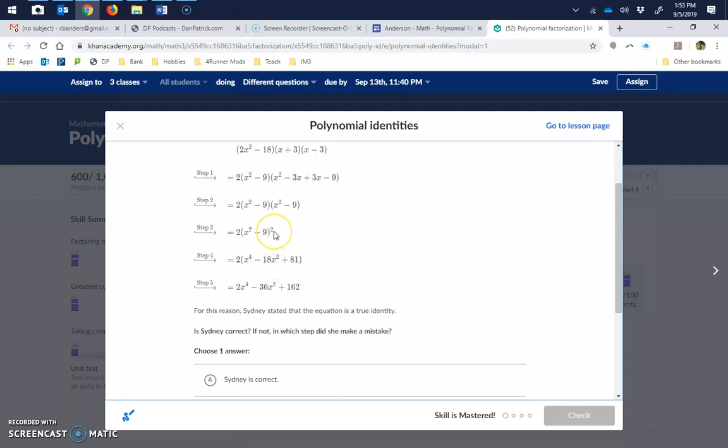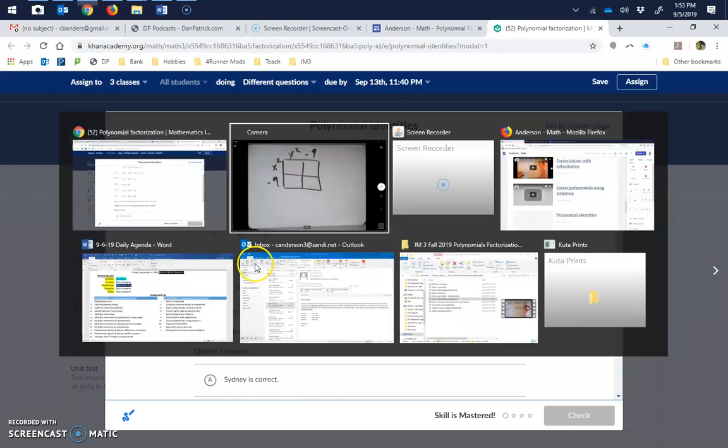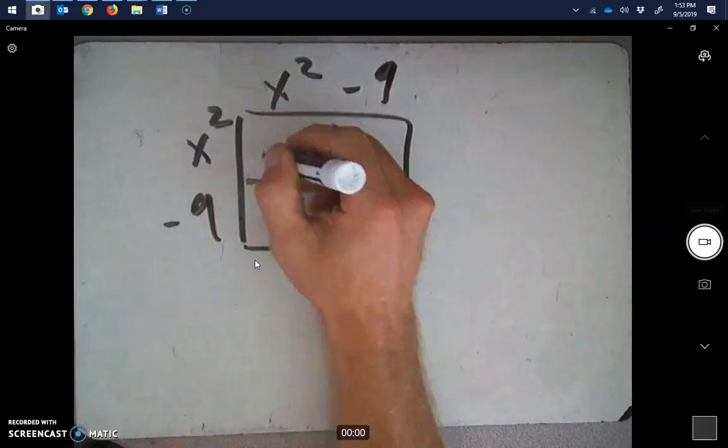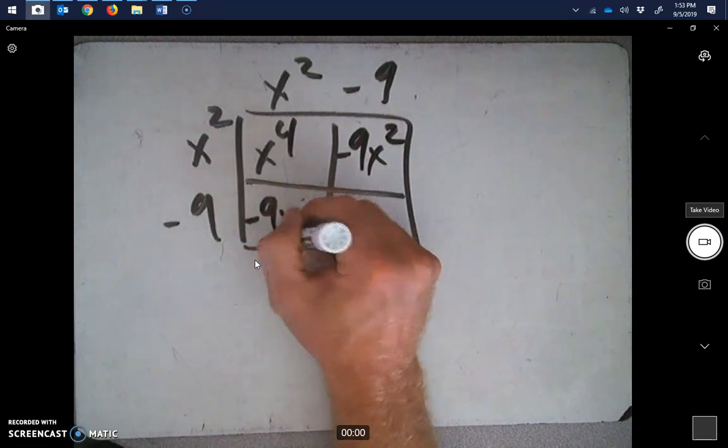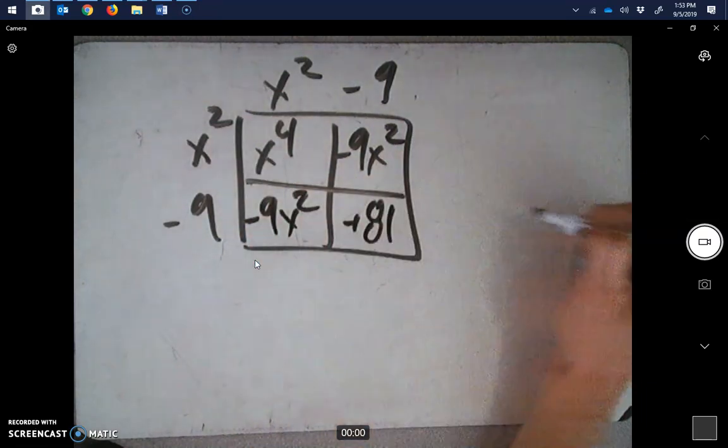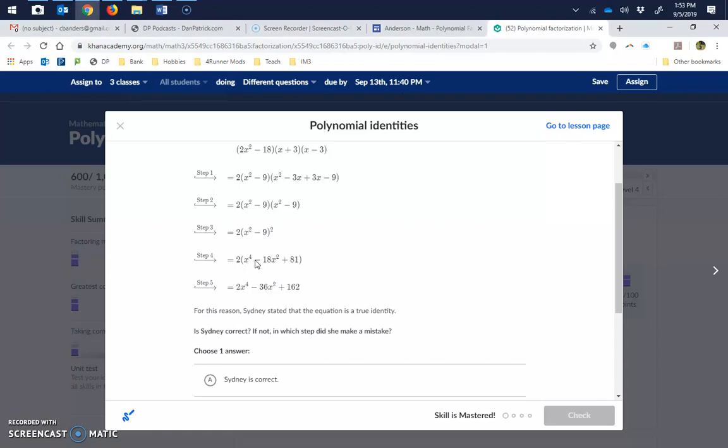So they box method x squared minus 9. I will show you that right now. So this step to here is Sydney doing x to the 4 minus 9x squared minus 9x squared and positive 81. See that?